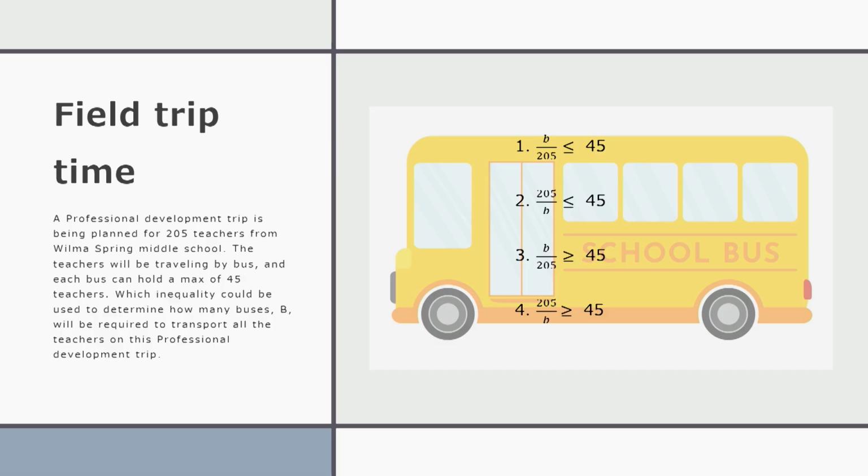So let's go back and annotate and see if we can solve for this. So we have 205 teachers. The max the bus can hold is 45. So I know 45 is the most it can be. 45 can be bigger or equal to the amount on the bus. Well, how do I figure out exactly how many buses?